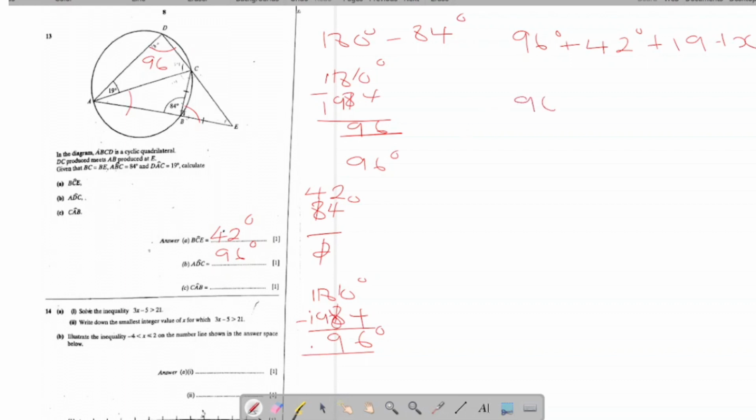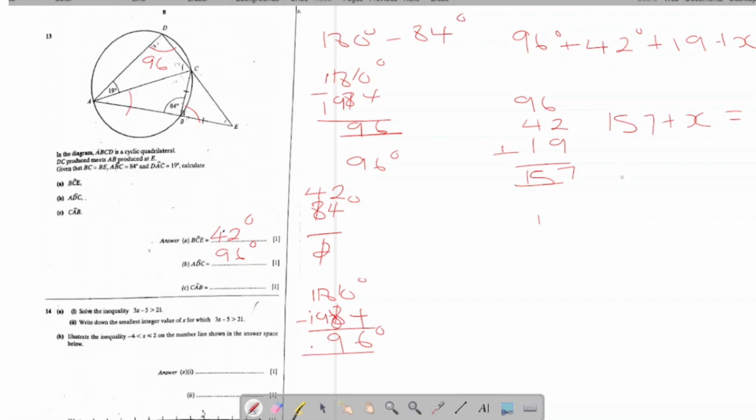So we say 96 plus 42 plus 19 is 157. So we say 157 plus x is equal to 180.